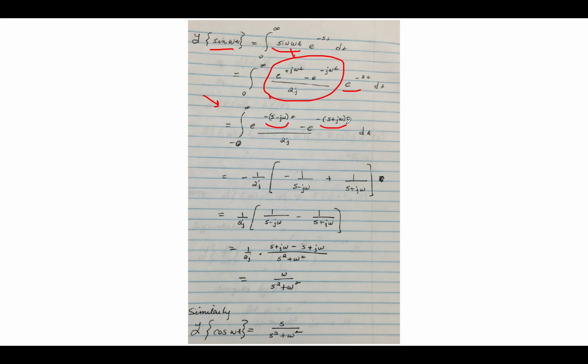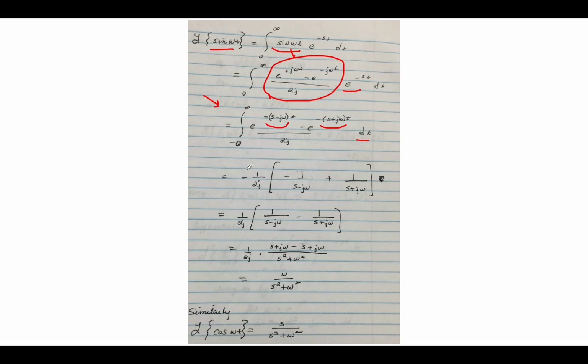So once again, as far as the integral is concerned, because the integral is over time, s and omega just look like constants. So we're integrating over t, which basically gives us the same result that we had when we integrated e to the minus s plus a t.